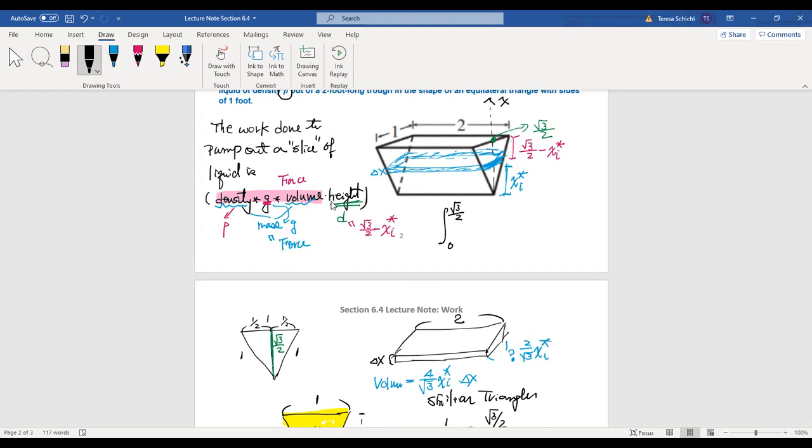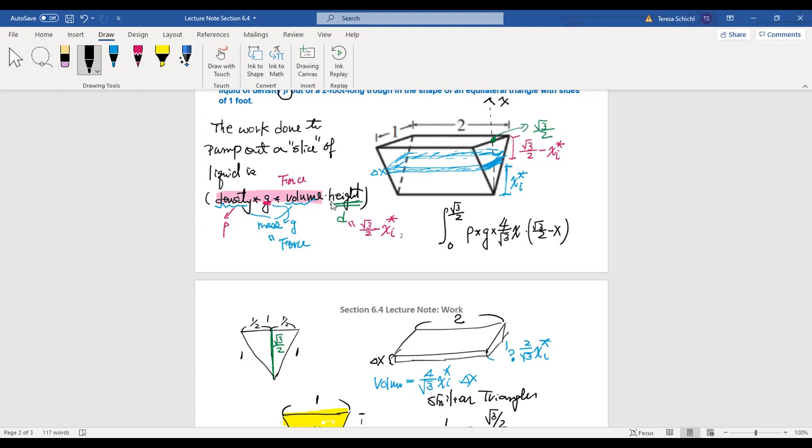Okay, so density is rho, right? So density times the acceleration, times the volume, we just calculated what the volume is, 4 over square root of the 3 x, right? Then what is the height? The height will be the square root of the 3/2 minus x, right?